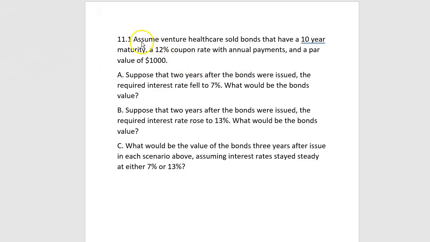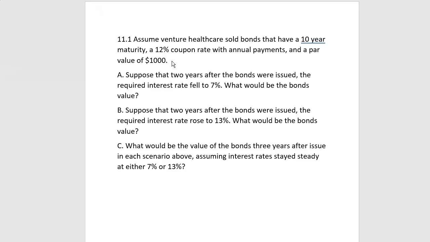So we've got our basic information here. We assume Venture Healthcare sold bonds that have a 10-year maturity, a 12% coupon rate, with annual payments, and a par value of $1,000. Now, do you remember how to calculate the payments? It's the par value times the coupon rate.